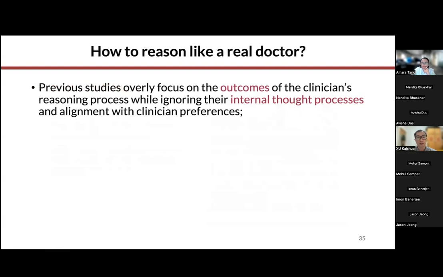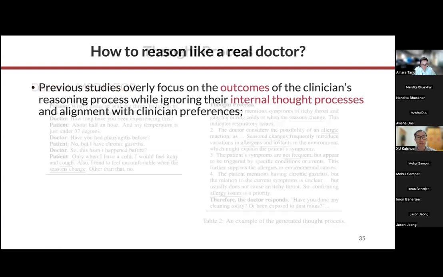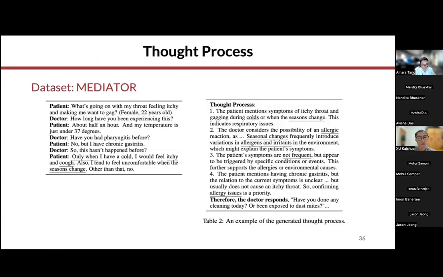To align with clinical preferences, we construct a thought process corpus leveraging the LLM. Here is an example of a thought process. The left one is the context, and the right is the thought process generated by the LLM. The prompt was constructed from the context and the real doctor response.